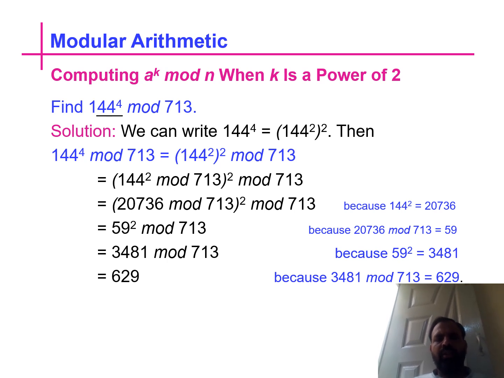Since 144^2 is equal to 20736, which mod 713 is 59, and 59^2 is equal to 3481, then 3481 mod 713 is equal to 629.